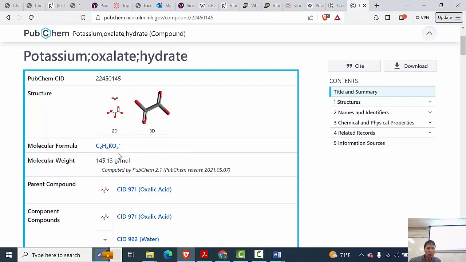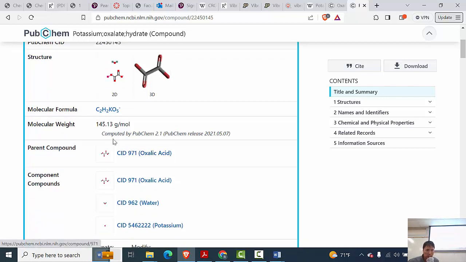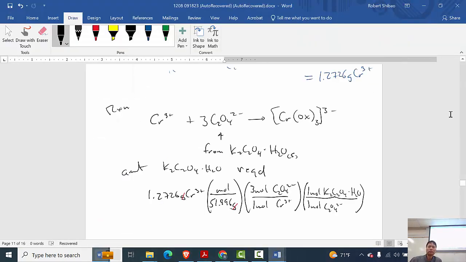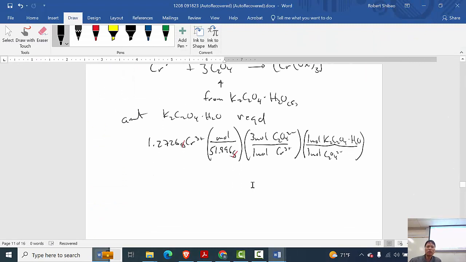Oxalate C2O4, so there's an extra H2O here. What's that negative sign there? That's weird. 145.13. So I need to add one more factor on here. 145.13 grams per mole.